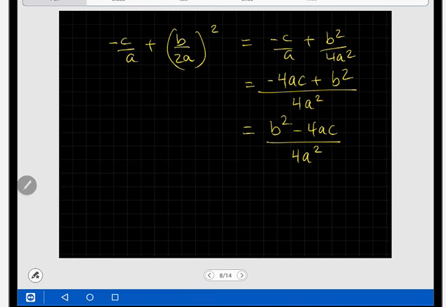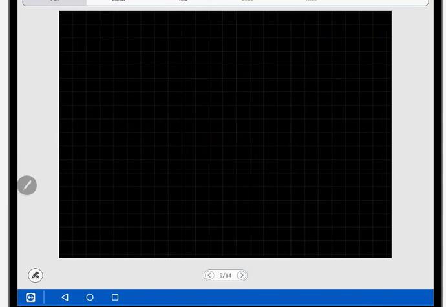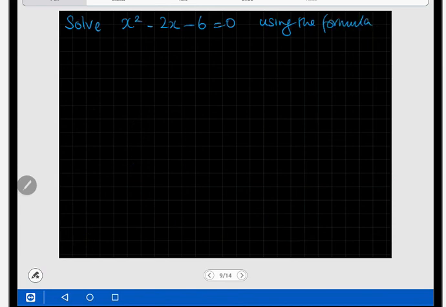So let's do a question on using the formula. All right, so solve x squared minus 2x minus 6 is equal to 0 using the formula. Okay, so the formula will be x equal to minus b plus or minus square root of b squared minus 4ac divided by 2a.